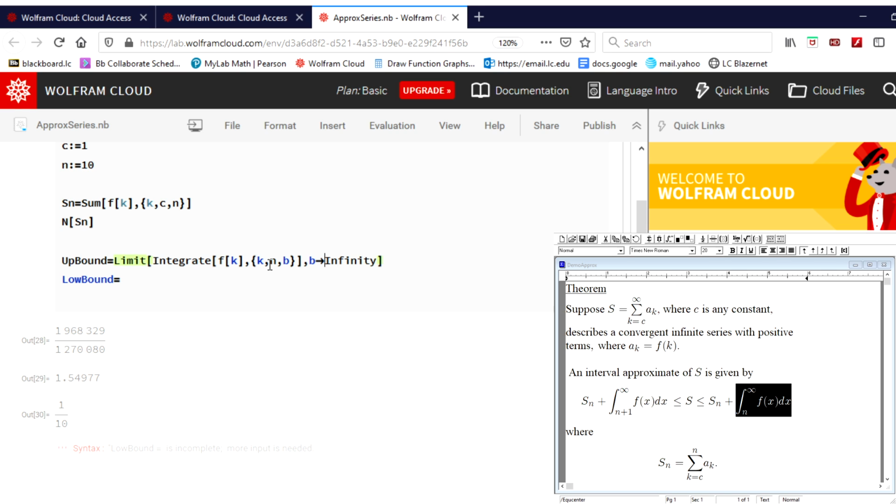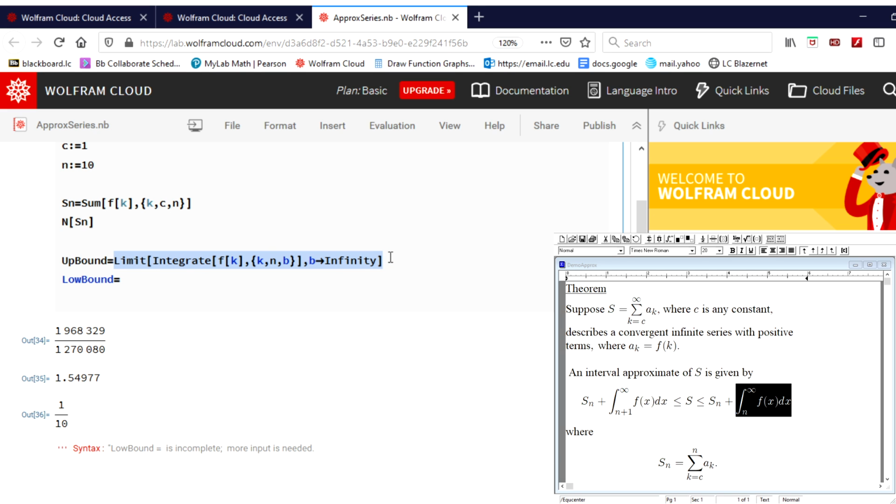Now notice, to make this arrow symbol, that approach, I am using a minus sign followed by a greater than symbol without the space. When I bring those together, you will see I produce that right arrow. Now if I hit enter here, it should give me back also that value of 1/10. It handles that limit without much difficulty.